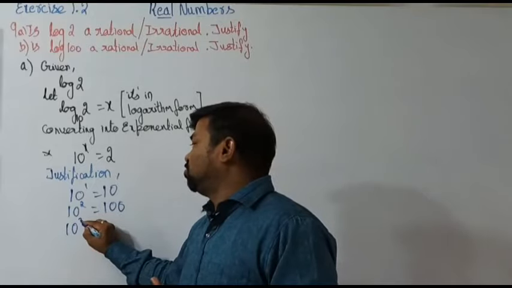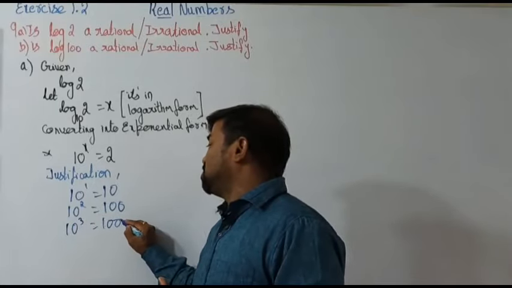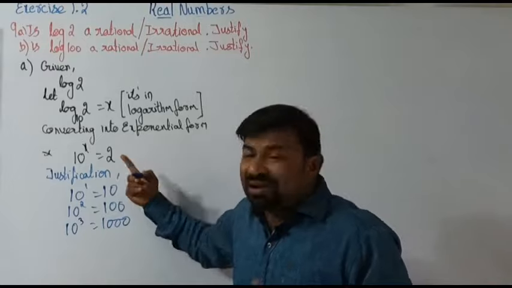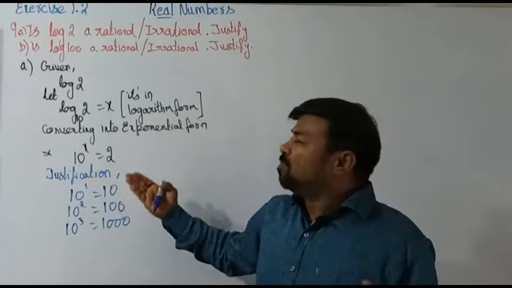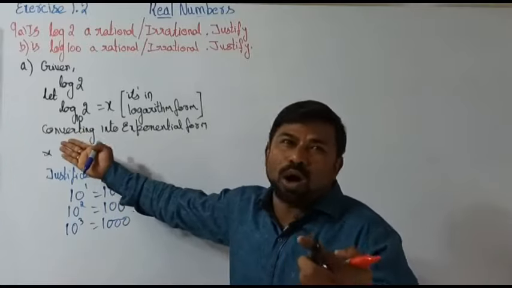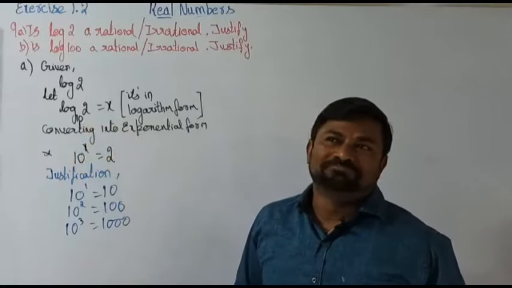Or 10 to the power 3. So what are we getting? If the power is increasing, we are not at all getting 2. See here, 10 to the power 1 itself is 10. But what might that x be, for which 10 to the power x will be 2?